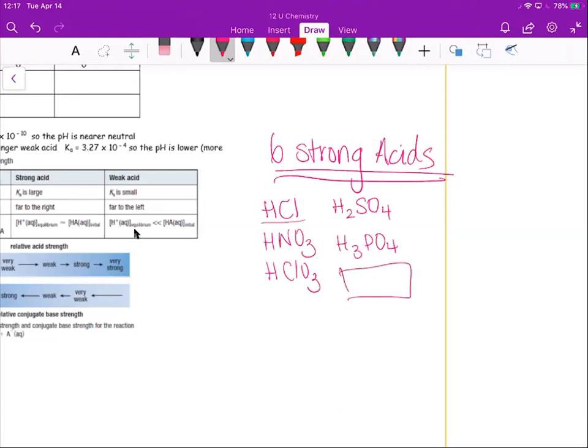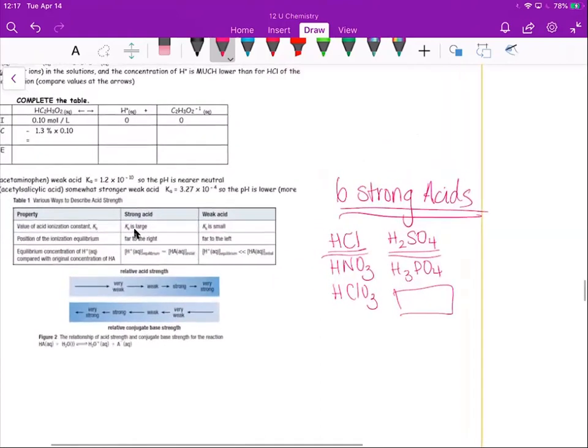But mostly we're dealing with hydrochloric acid, sulfuric acid, and sometimes you'll see the other ones, but mostly you're going to see these ones. Let me just look up the last one. So, 6 strong acids. And then what does it mean to be a strong acid? Okay, I was right.